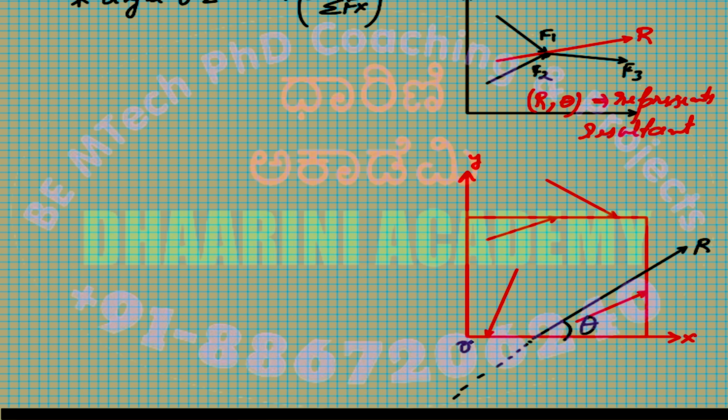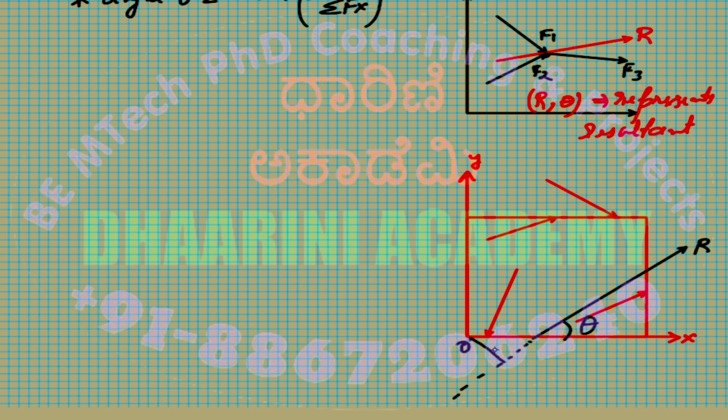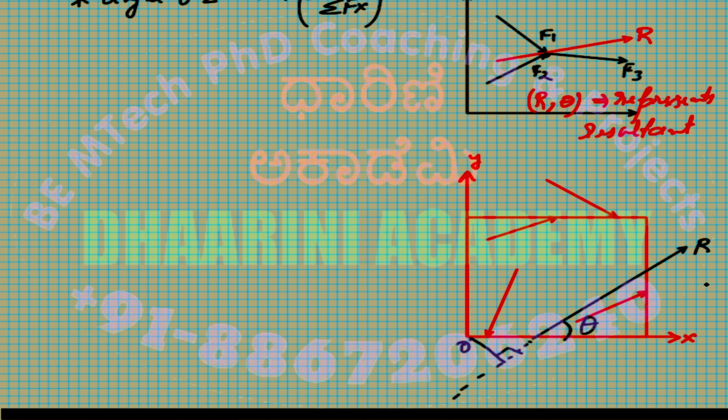If you are able to measure this shortest distance, then this is the only one force. I cannot have another R with the same shortest distance. So that's the point. What we need now is the shortest distance.